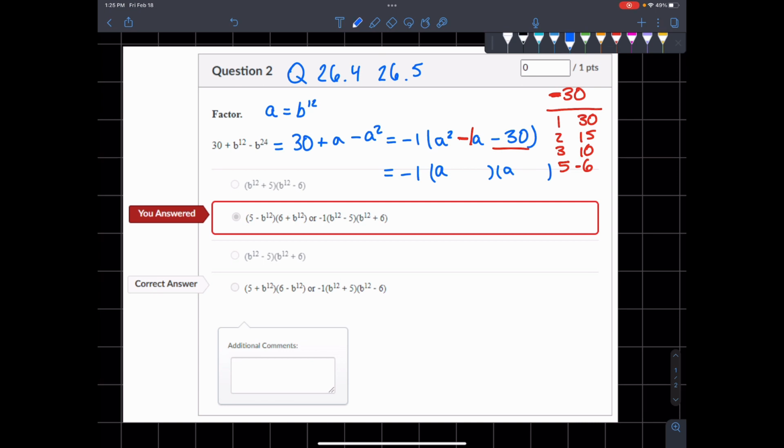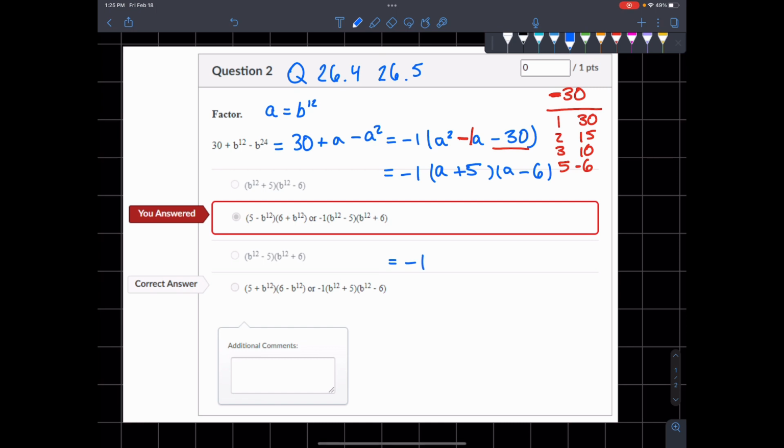So let's write negative 6 plus 5, and if you really wanted to, you could FOIL to double check we made the right thing. So firsts, outsides, insides, lasts, and you should get this equation up here. In this case, you do. Anyways, our next step is we want to substitute back in what our a was equal to, because in the answers to this question, they are in terms of b.